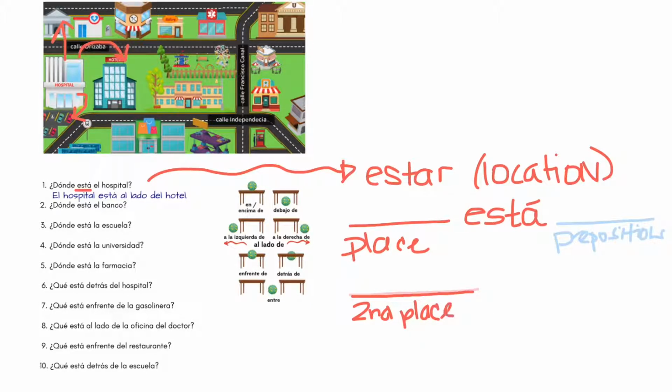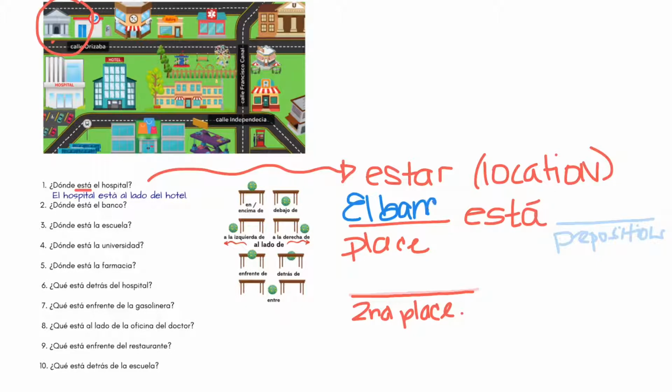So if I look at number 2, ¿Dónde está el banco? First I want to locate the bank on the map. It's back here. And then I want to decide what I'm going to use for my reference, because that's going to determine the preposition. So let's say I'm going to use the hospital. I'm going to start with el banco.